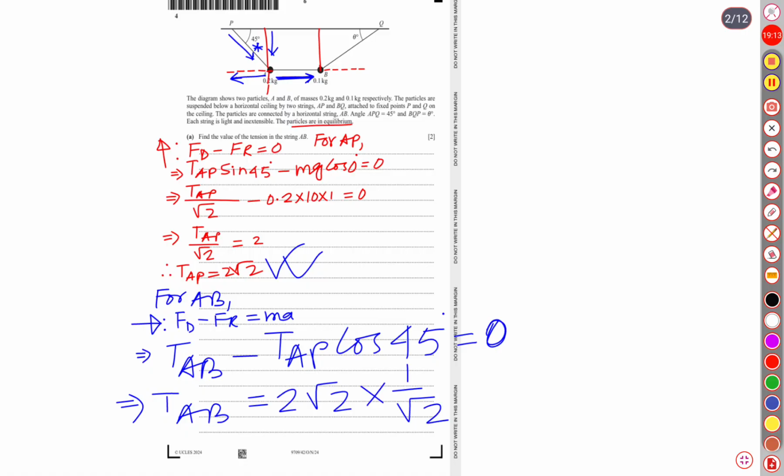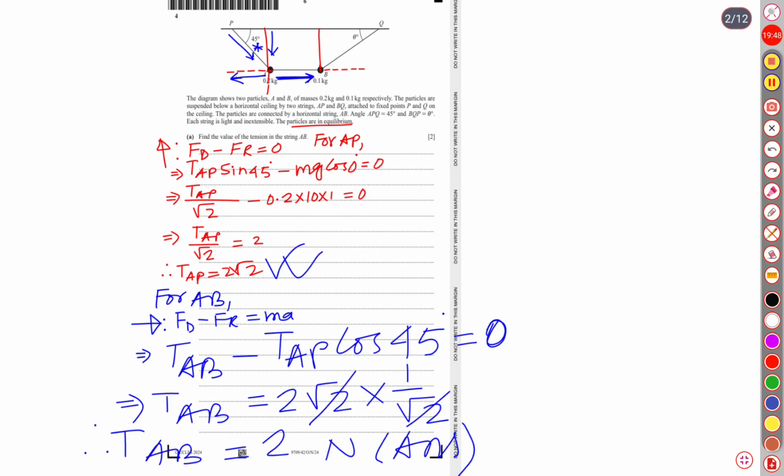Hence tension in AB, if we dissolve the square roots on the right side, is going to be 2 Newton. So this is the answer to the first part of this question. They have told us to find the tension acting in the string AB, which is 2 Newton.